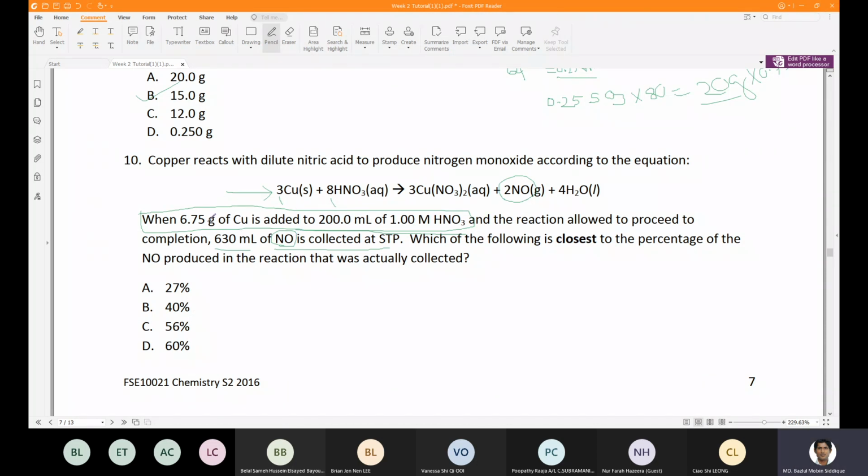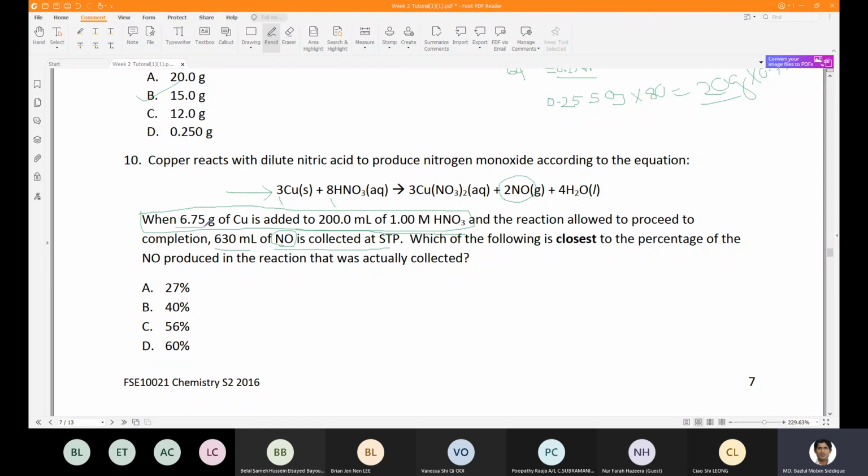How can I find this? Of course, we have to convert to moles. 6.75 grams of copper means how many moles? We have to divide.